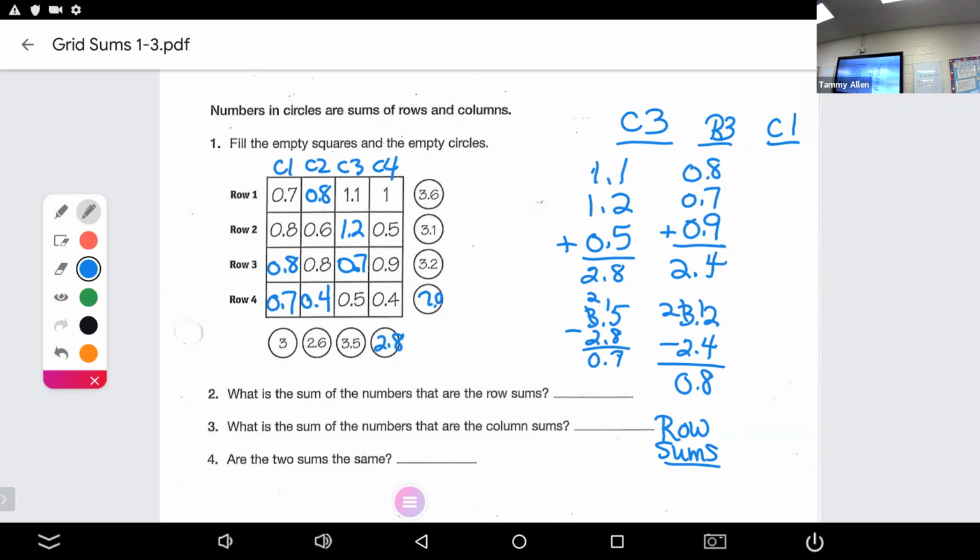What'd you get? 11 and 9/10? Everybody get 11 and 9/10? Yeah. Okay. And then what else do we need to do? Okay. So the column sums. Quickly do that.